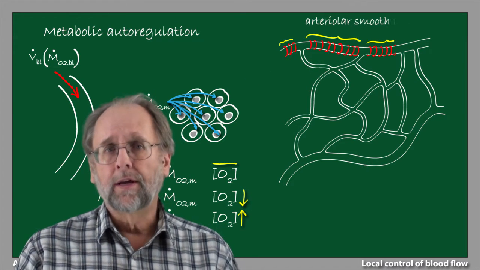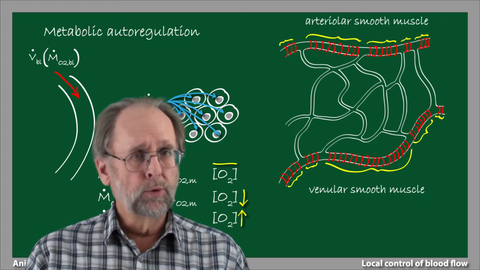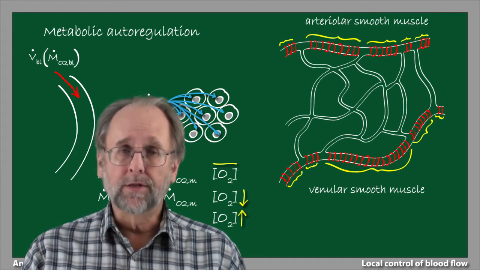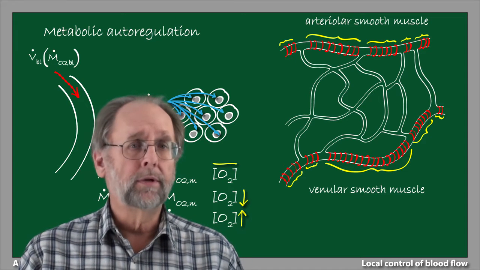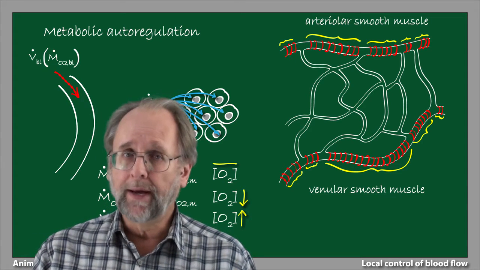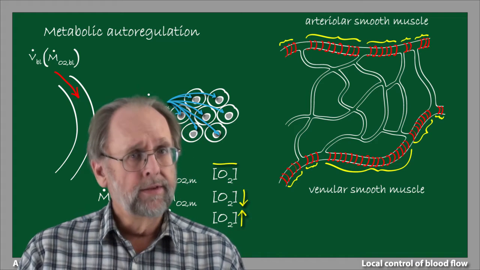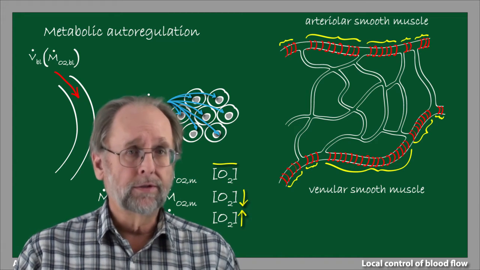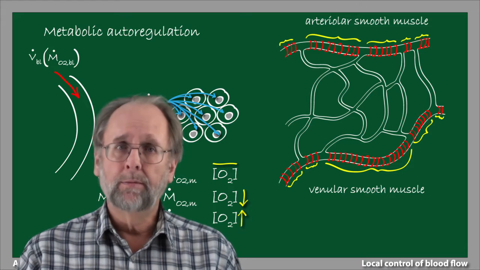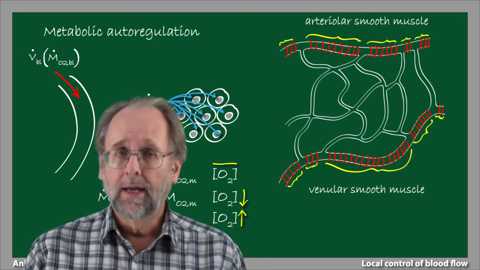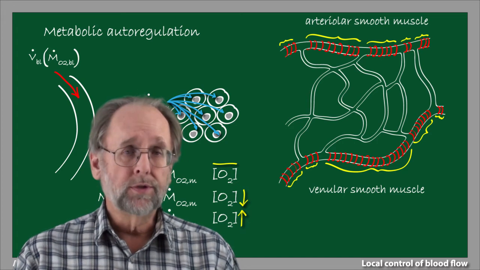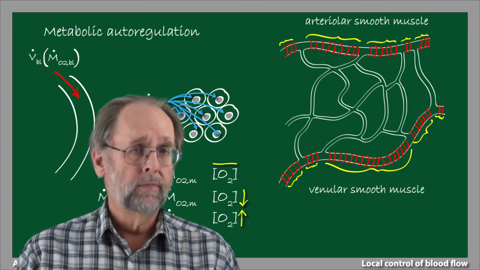The arterioles and venules are invested with smooth muscle, and the tension of the smooth muscle wrapping can influence how much blood is delivered to a capillary bed and how much is drained away. As we've seen, this is under mostly endothelial control. Nitric oxide produced by the endothelial cells can produce a vasodilation, and endothelin can produce a vasoconstriction.